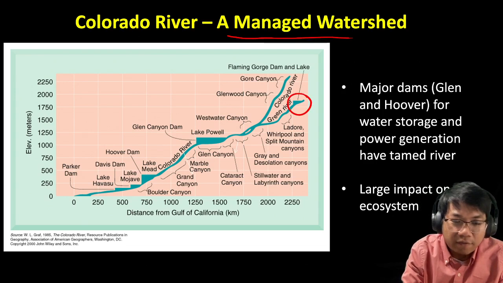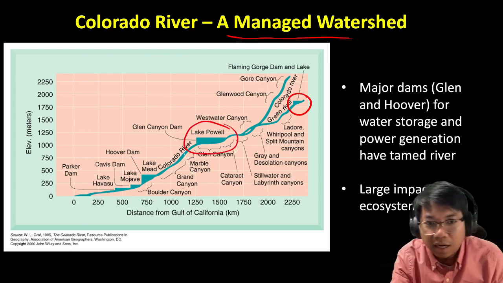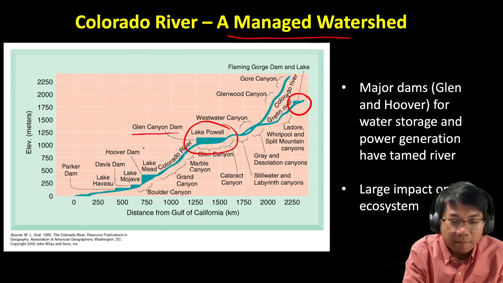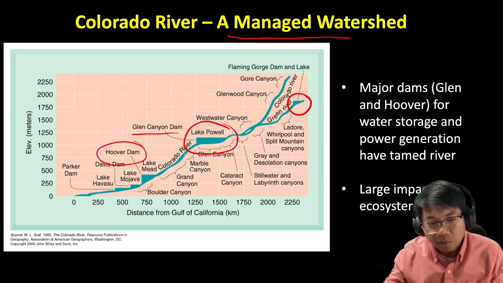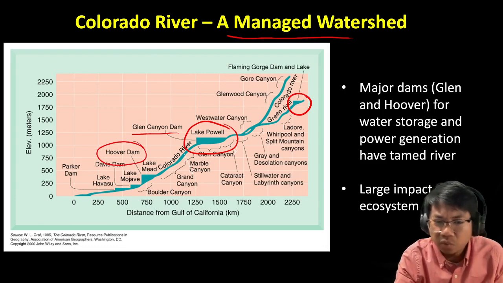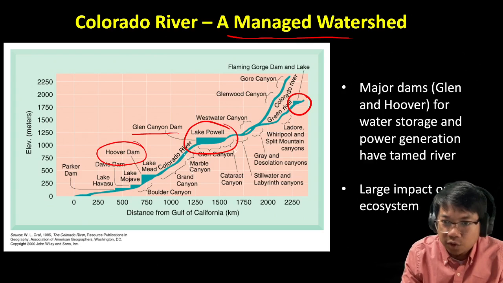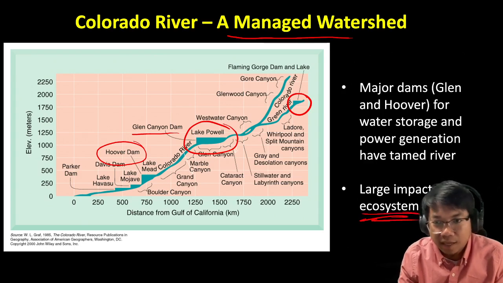We also have the midsection here, Lake Powell, held by Glen Canyon Dam. We also have Hoover Dam, located in the downstream part of the Colorado River. So we have multiple dams being built along the Colorado River, and these dams may impact the ecosystem of the river itself.